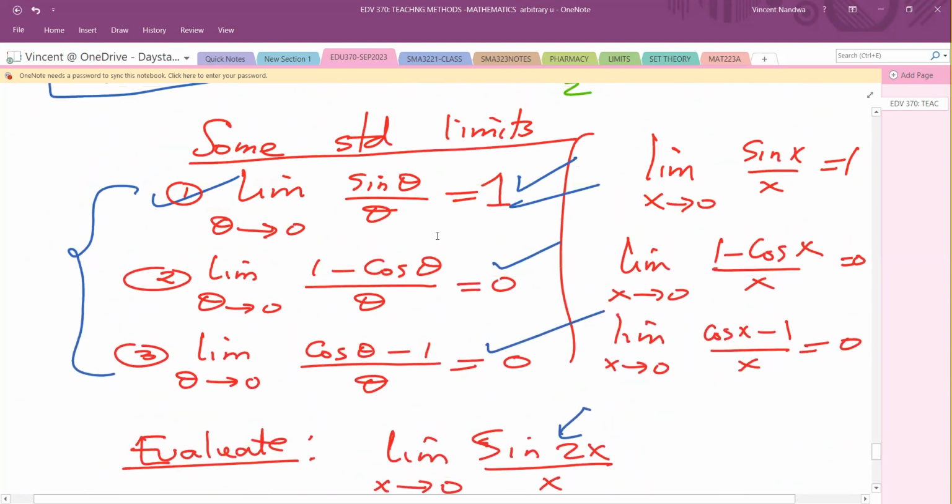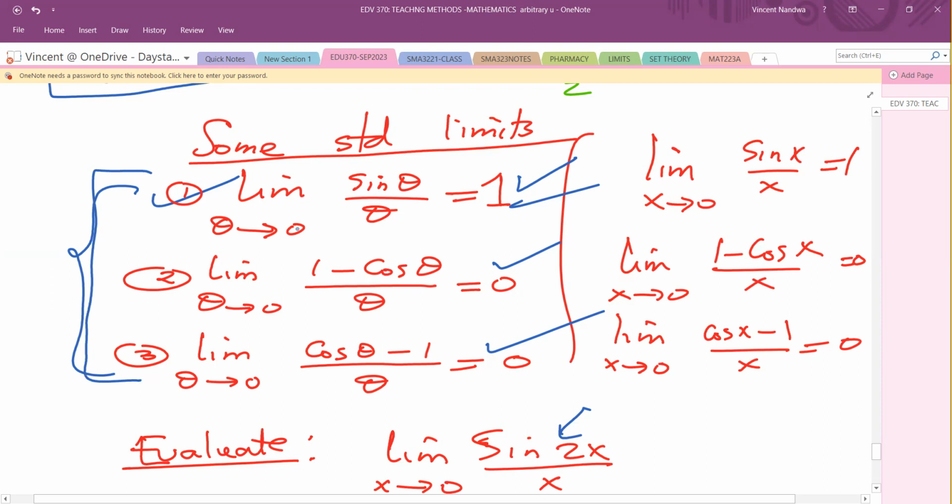So this one we are making use of these standard limits: sine theta over theta when theta is approaching 0. All these standard limits are the ones that can help you evaluate problems involving cosine and sine when the variable is approaching 0.